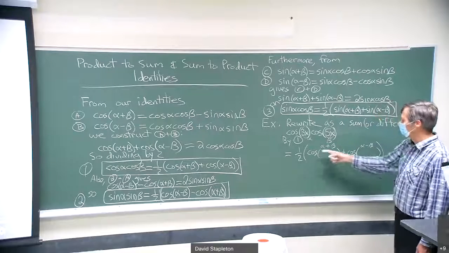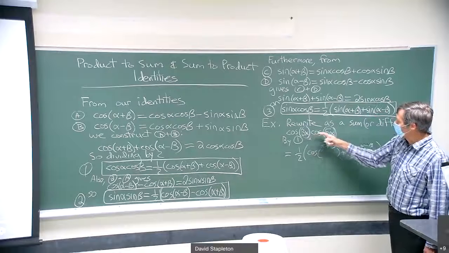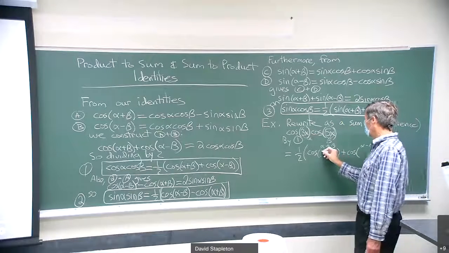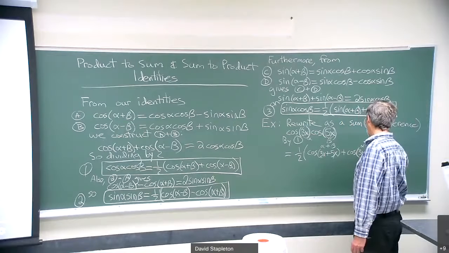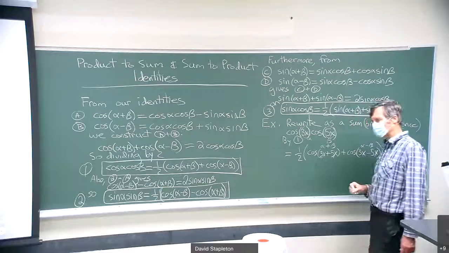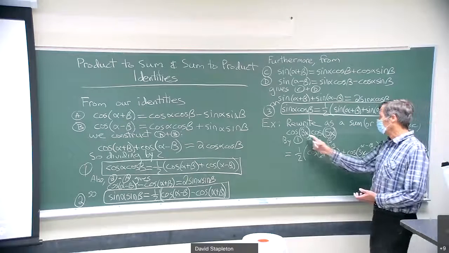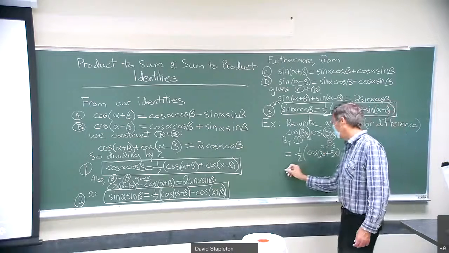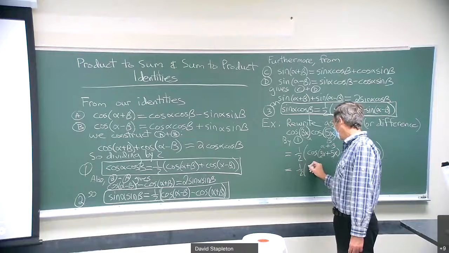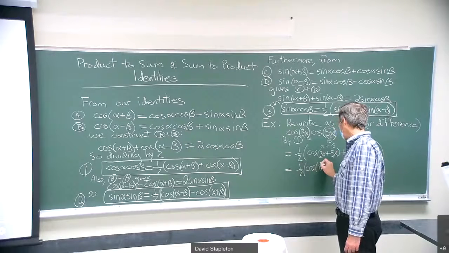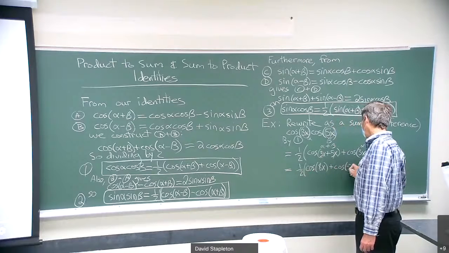This is what's in the formula 1, right? 1/2 cosine alpha plus beta, cosine alpha minus beta. We're just taking alpha to be 3x and beta to be 5x. So we'll put 3x plus 5x and 3x minus 5x. Evidently, the cosine of 3x times the cosine of 5x can be rewritten as 1/2 cosine of 8x plus the cosine of minus 2x.